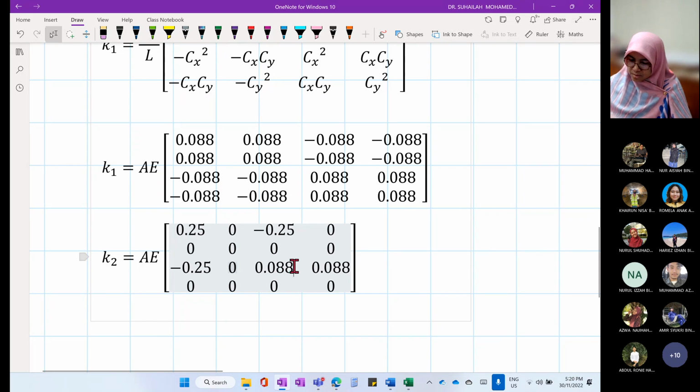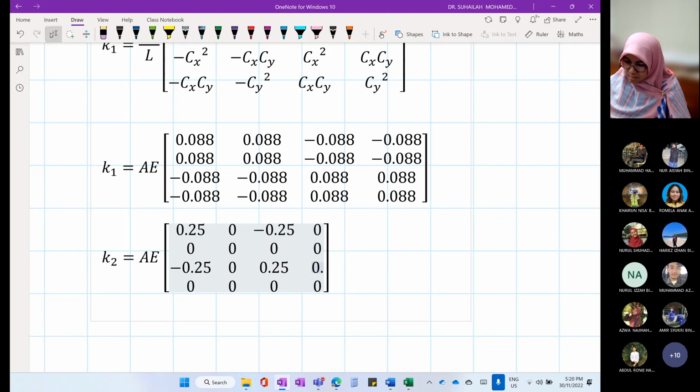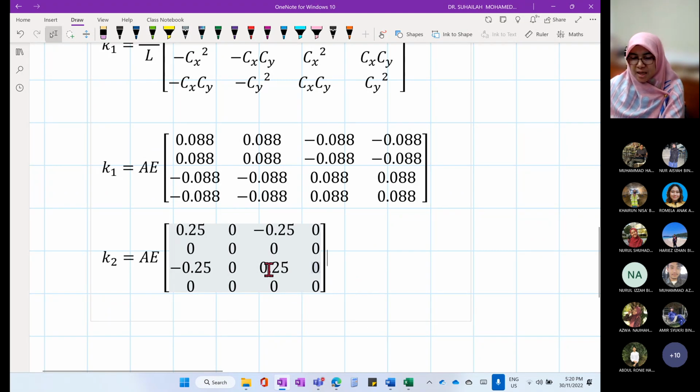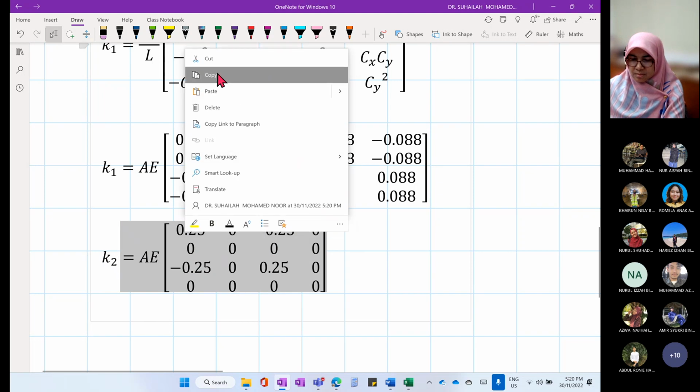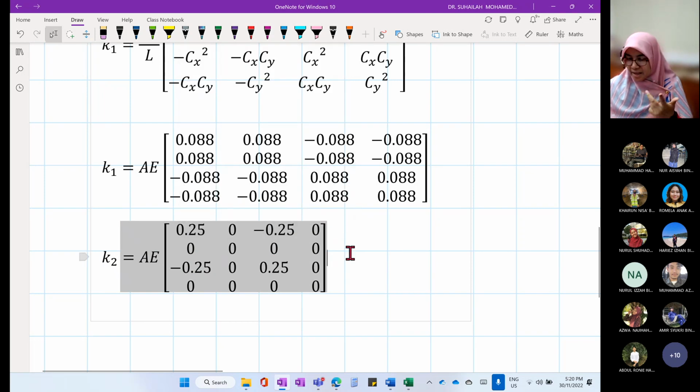This one is 0.25 and 0. So this is K2. And we will do the same for K3. Substitute L, CX, and CY.